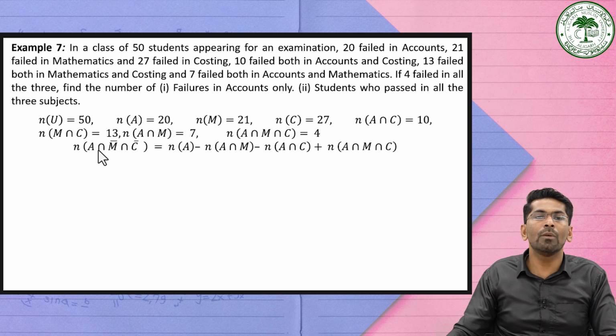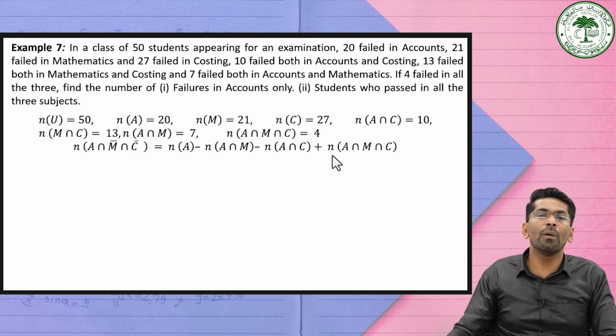That is equal to the number of students in accounts minus the number in A intersection M minus A intersection C plus the number in A intersection M intersection C.